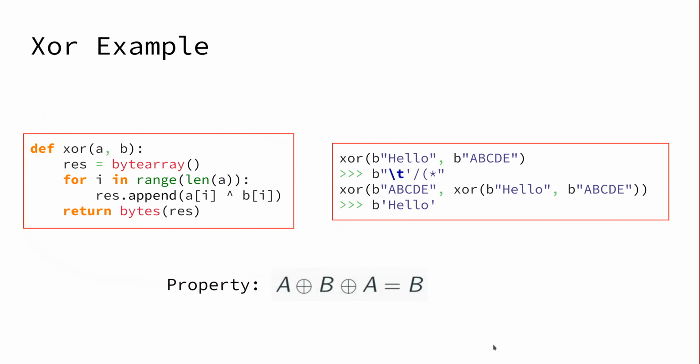That's because of one property that is commonly used of XOR. If I XOR something with itself, it vanishes. Because XOR of something with itself is 0, and everything XOR 0 is itself. So if I XOR something with 0, it's a no operation.